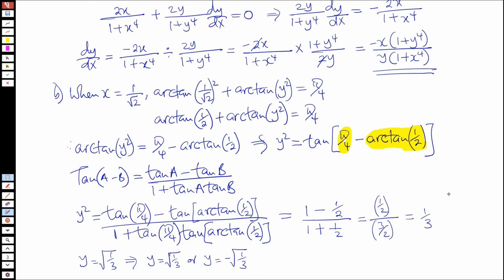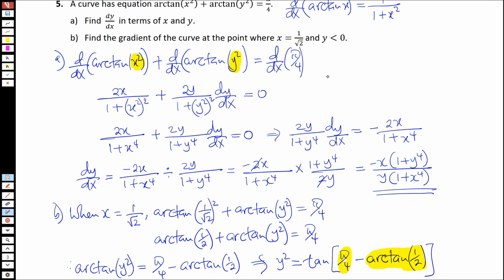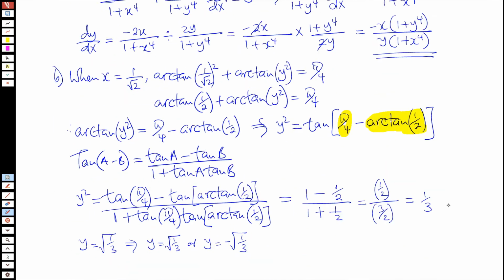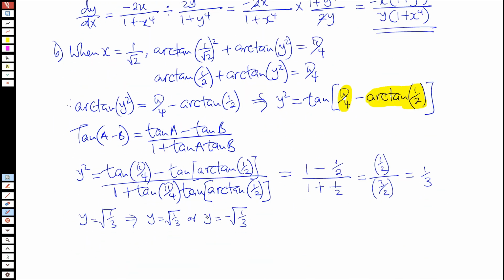Now, from the question, it stated that y is less than 0, which implies that y is negative square root of a third. So when x is equal to 1 over square root of 2, y is equal to negative square root of a third, because y is less than 0, a condition that's given in the question.